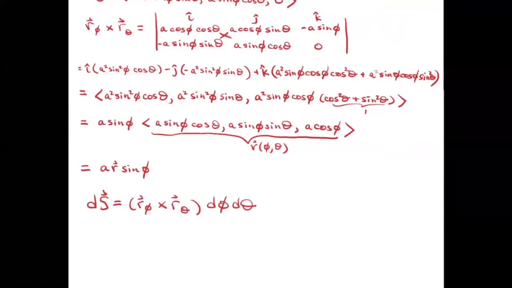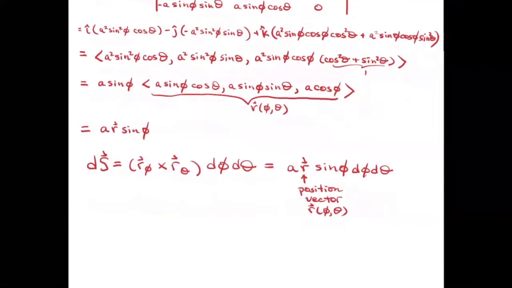But we just did the math, and that's a r sine phi d phi d theta. And r is the position vector, r of phi comma theta.